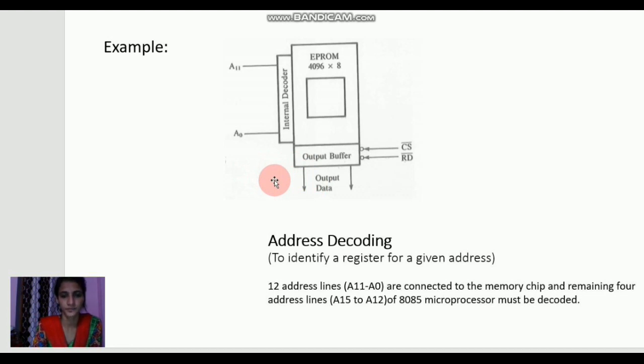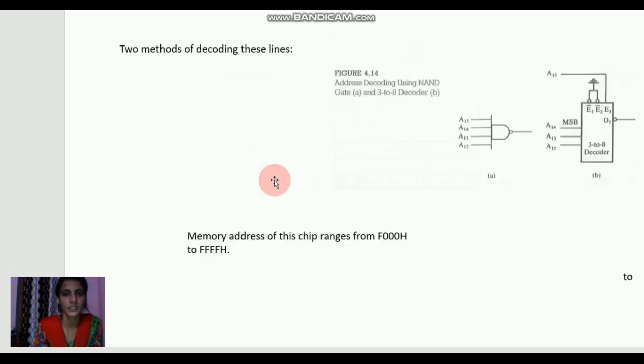Let's consider it to be 1111 fixed. So now the chip has locations from 1111 followed by all A11 to A0 being 0000. Then the starting address will be F000H, and the ending address will be FFFFH.